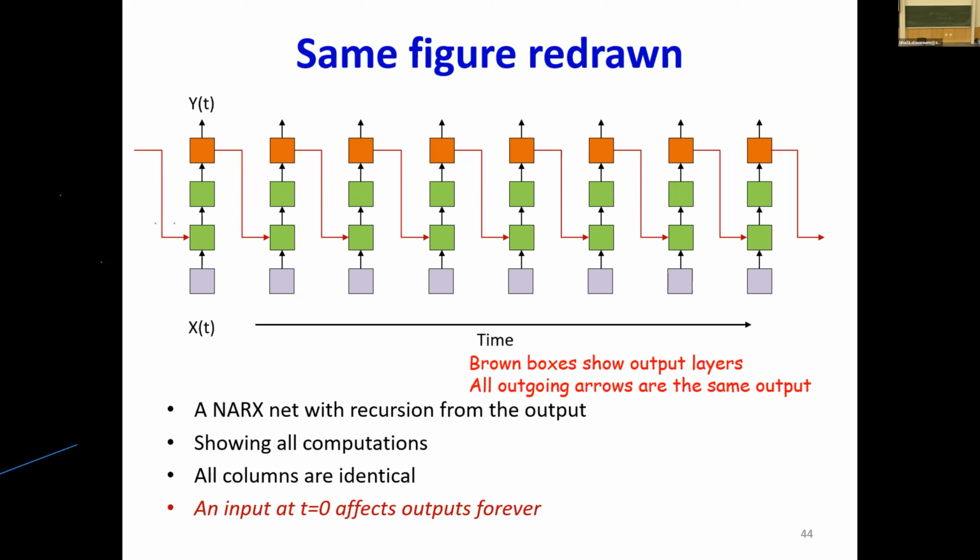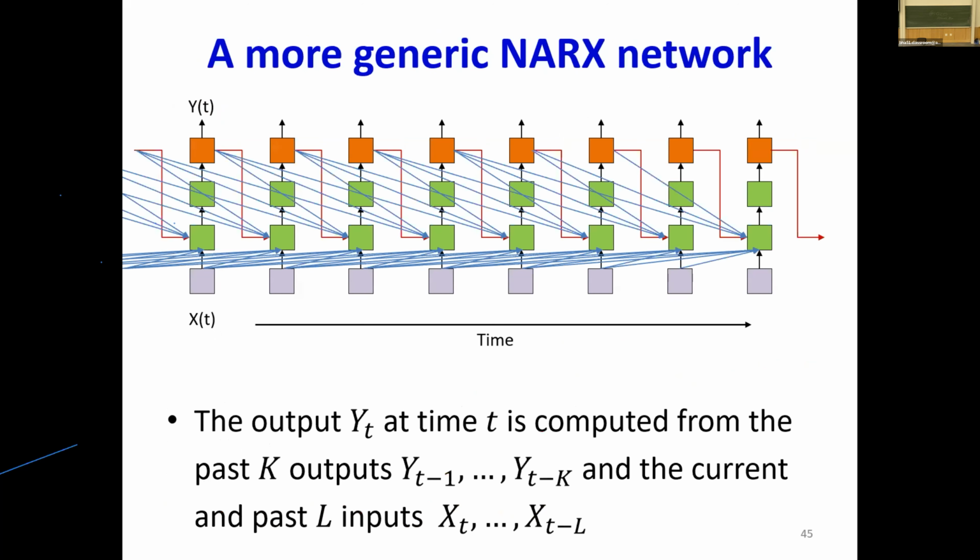I could, if I so desire, look at several of the past inputs and several of the past outputs to increase the complexity and expressivity of the model. But the fact remains that this is a maybe increasingly complex but infinite response system.